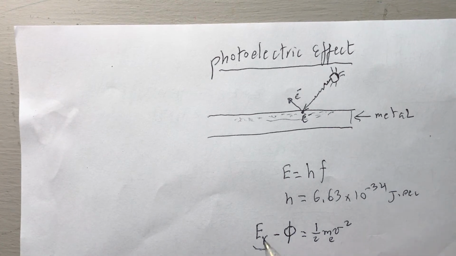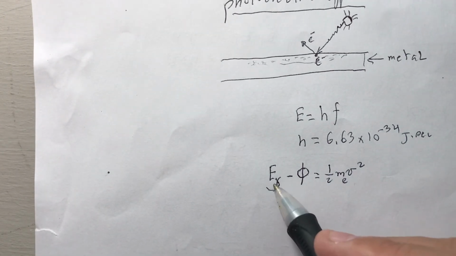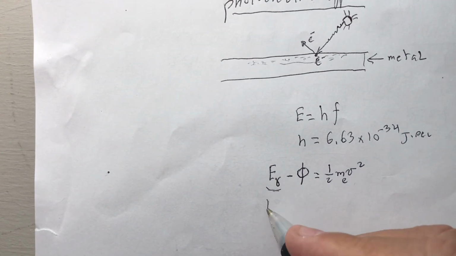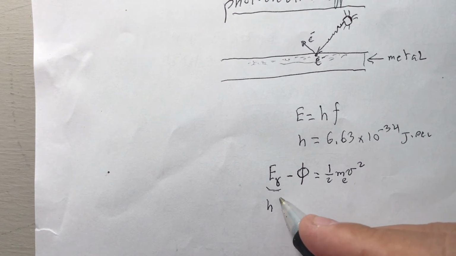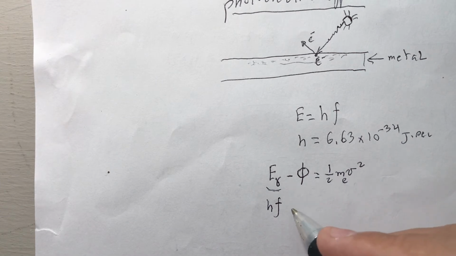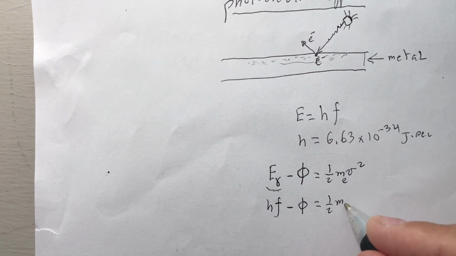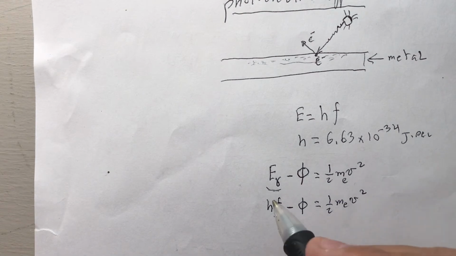Now we change this equation to show that h times f, where h is the Planck constant and f is the frequency of light, minus the binding energy is equal to 1/2 m_e v squared.